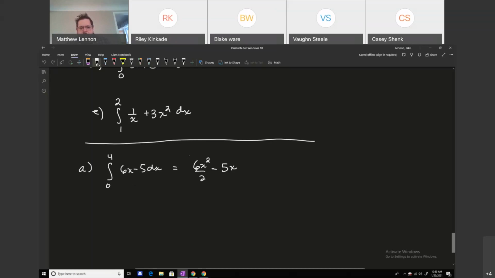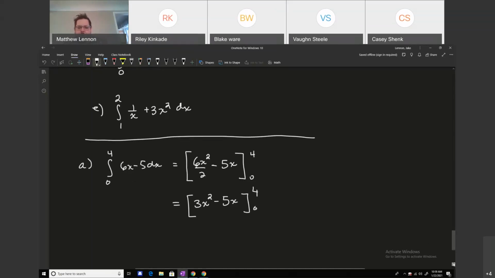That's the antiderivative. And we need to plug in 0 and 4. Before I plug in, I'm going to do 6 divided by 2 and say that's 3x squared. Polynomials are usually nice when you have 0 to plug in, because when you plug in 0, everything kind of goes away.